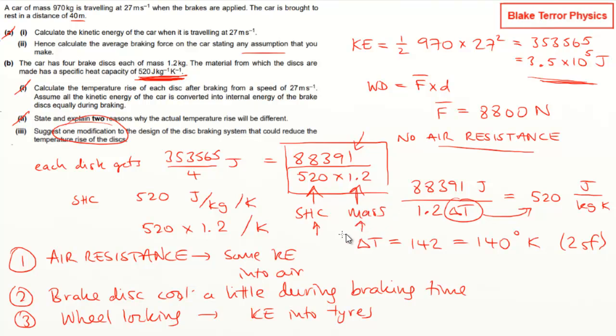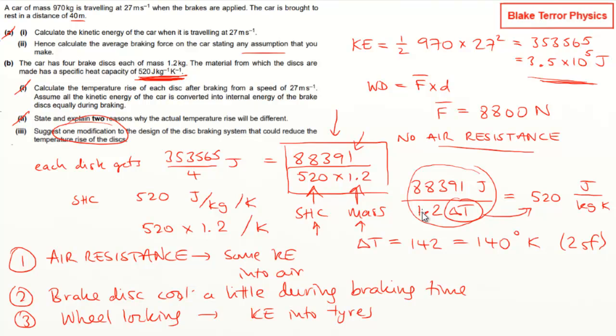If you increase the mass, so go for one of those, increase the specific heat capacity or increase the mass. That's the nice thing about writing out the formula, that you can go back and say, well, what did I do in my calculation? And how could I change the numbers? What do I have control of? If you were an engineer, you'd go back and look at the things that you have control of.